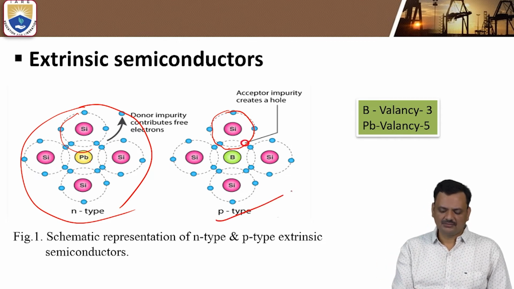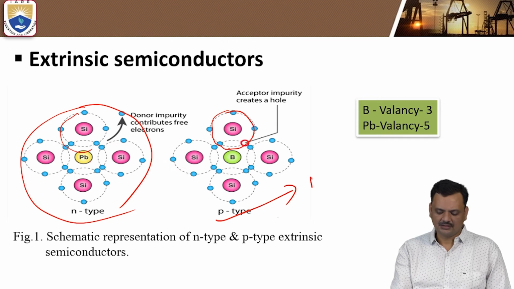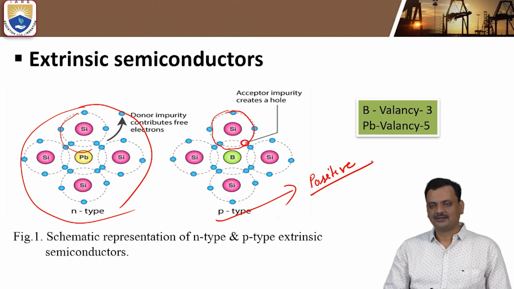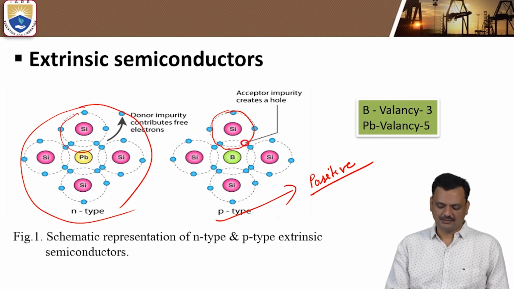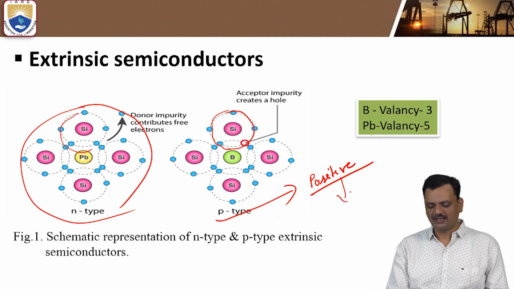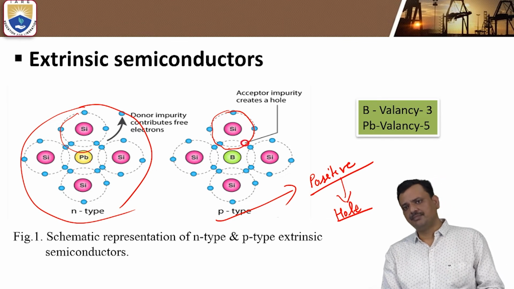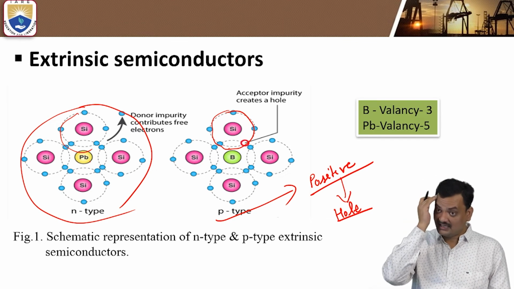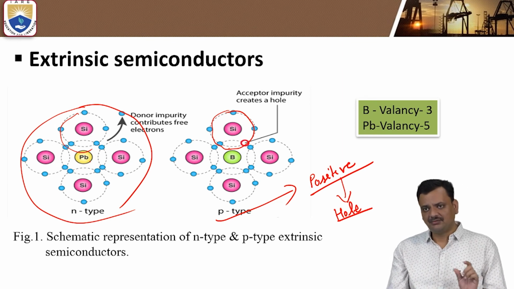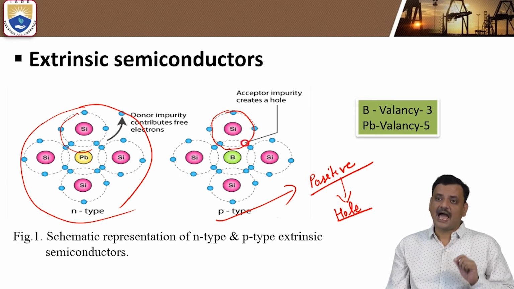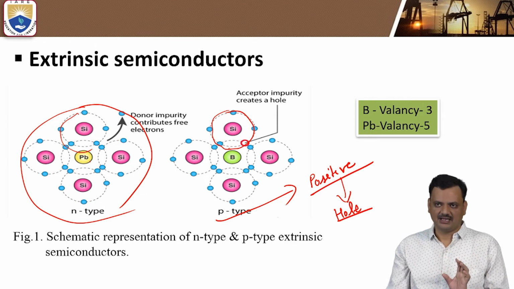So P in the term also represents positive, not generally, but for remembering purposes, P means positive. And what is the positive charge carrier? Hole. So you can remember that in a P-type semiconductor, the positive charge carrier is the hole, and it is basically a deficiency of 1 electron that acts as a positive charge carrier.